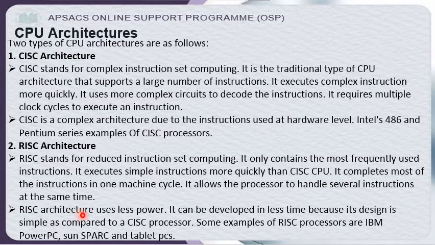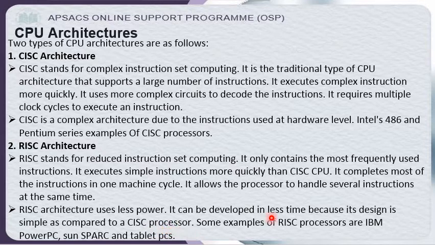RISC architecture uses less power. If you see our latest computers or processors, their power consumption is less. It can be developed in less time because its design is simple as compared to a CISC processor.